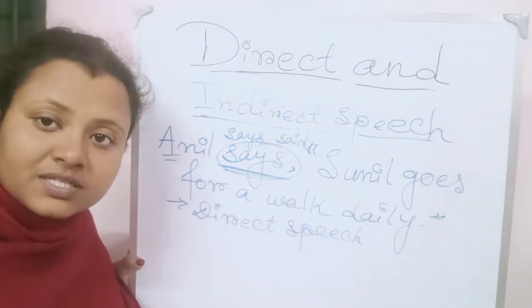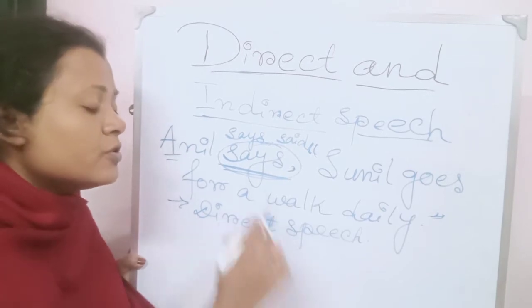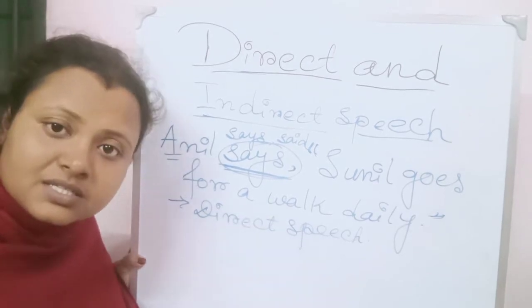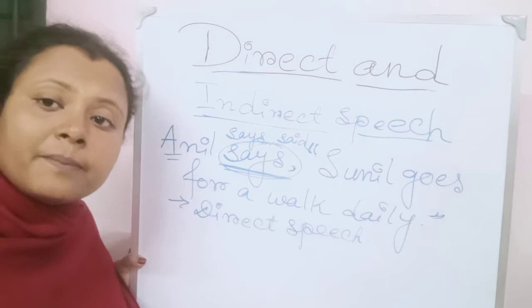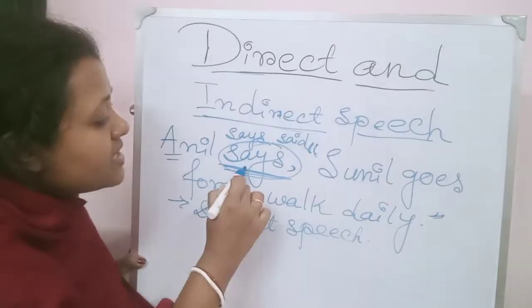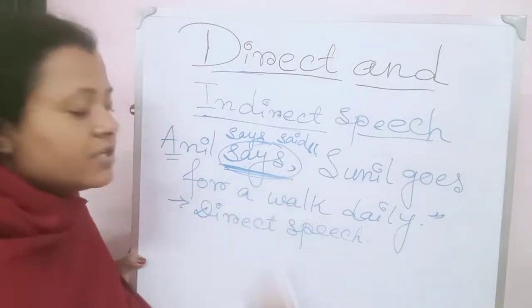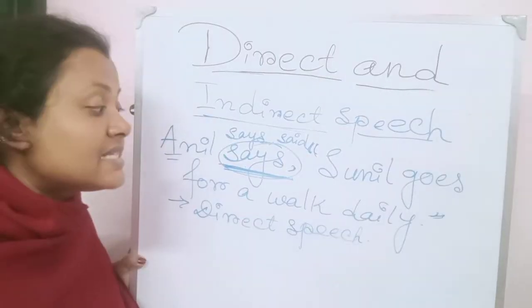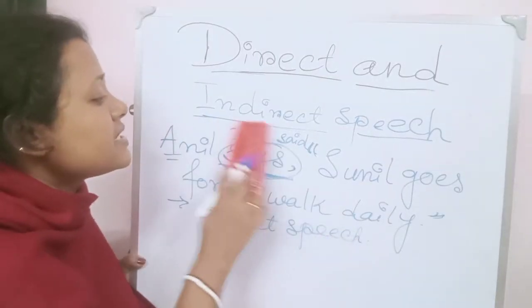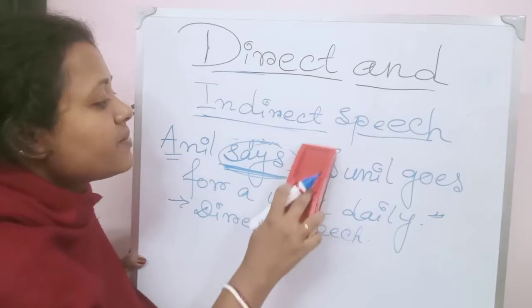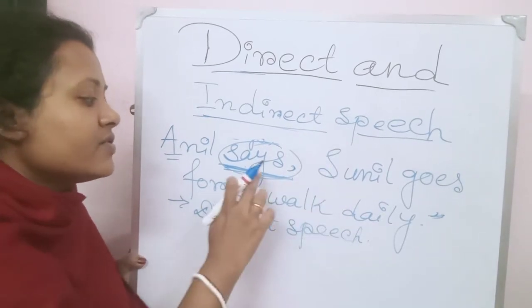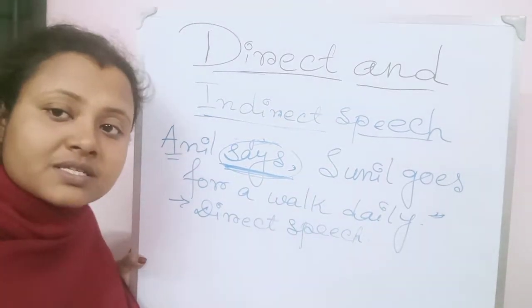Then you have to understand whether the reporting verb is in present tense or in past tense. The word over here is given in present tense: says, it is present tense.